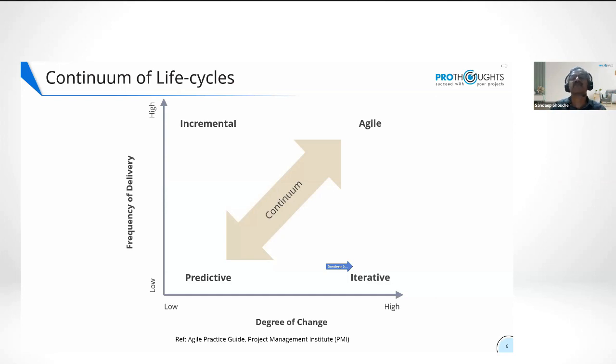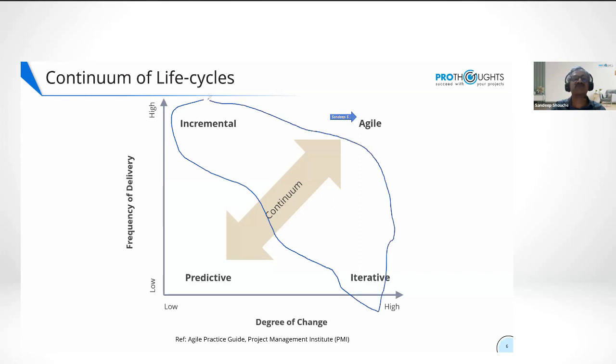That's iterative. And as we already discussed, agile is simply a combination of iterative and incremental, which means we deliver often and we learn from the experience, both of them. So when you talk about a continuum of life cycles, there can be scenarios where you have to be totally planned, predictive, whereas adaptive is either of the I's or both of the I's.